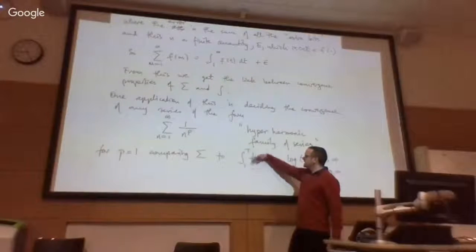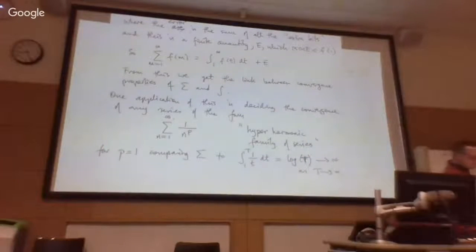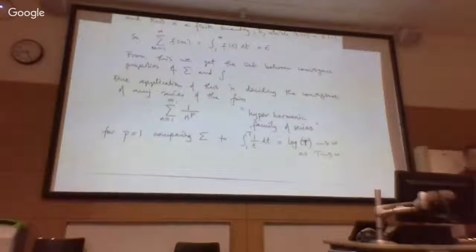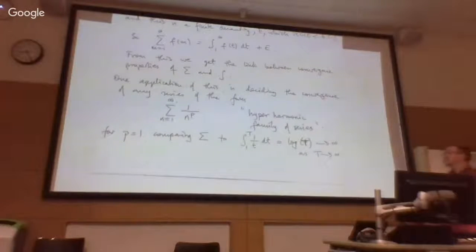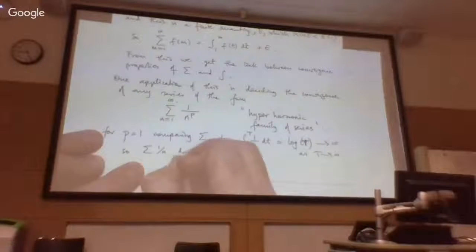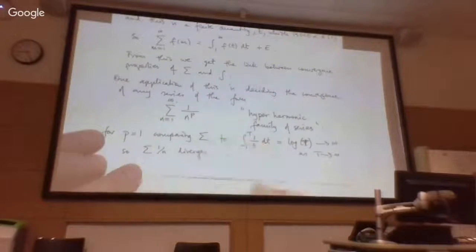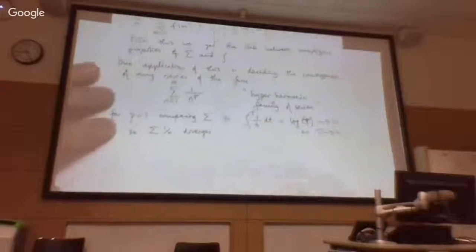So the infinite integral of 1 over t dt is equal to infinity. There's an infinite area underneath the curve 1 over t. So that implies the series diverges. We've already proved that by our grouping argument of halves, but we see another kind of proof of it here.